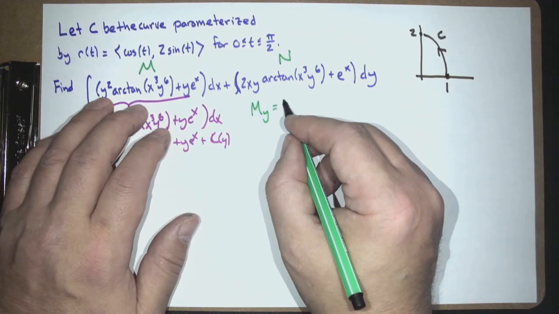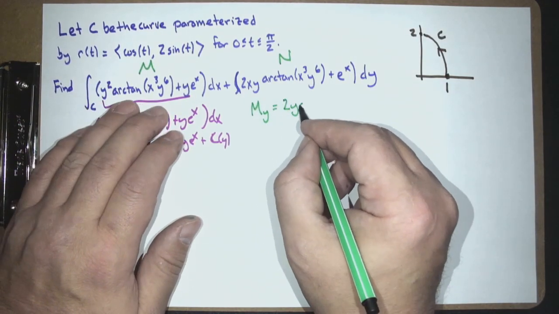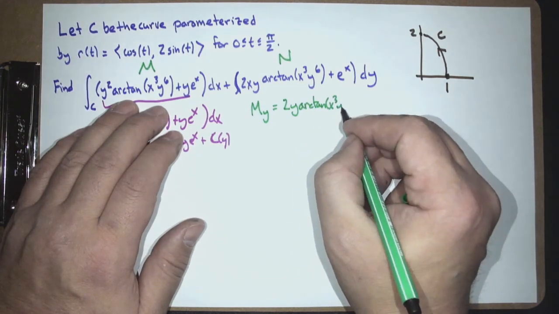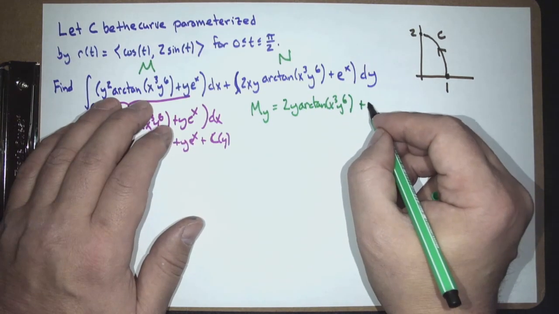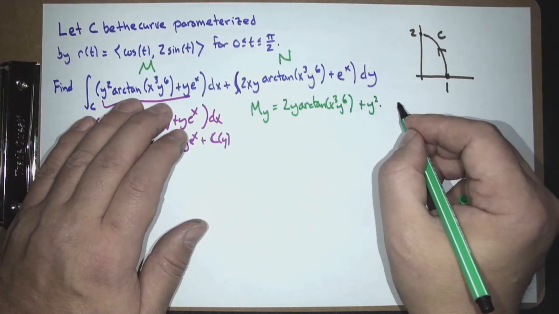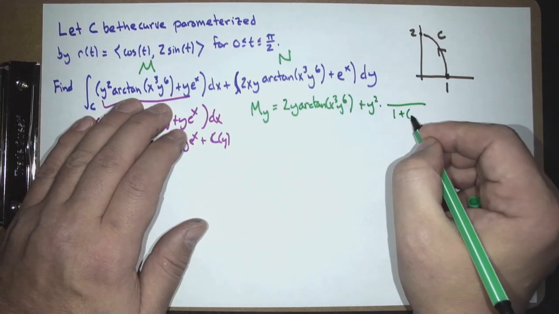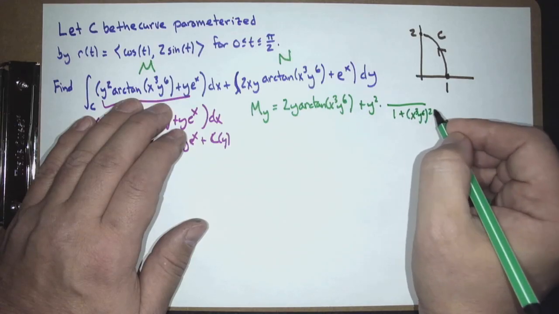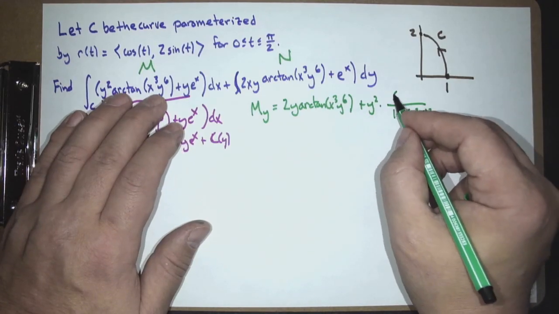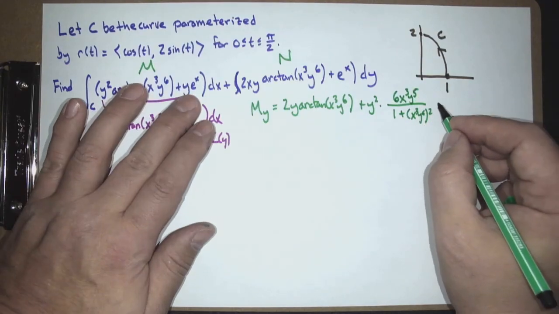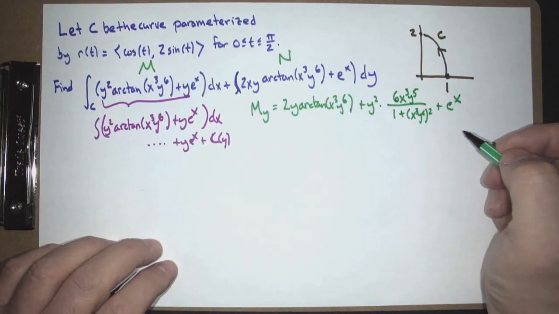Product rule. Derivative of y squared, 2y, times the second function, arctangent x cubed y to the 6, plus y squared times this derivative, which was 1 over 1 plus x cubed y to the 6th squared downstairs, then times 6 x cubed y to the 5th upstairs, plus e to the x.